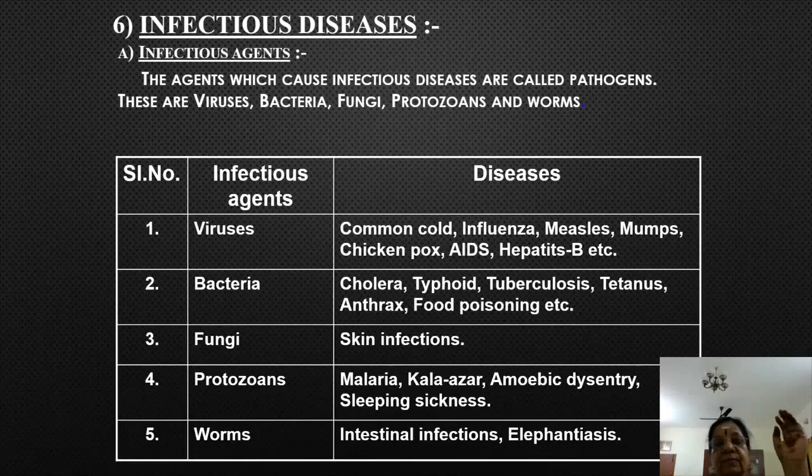The next one, we are studying about infectious agents as communicable diseases. The agents which cause infectious diseases are called pathogens, or we say the disease causing germs are called pathogens. They are viruses, bacteria, fungi, protozoan and worms.